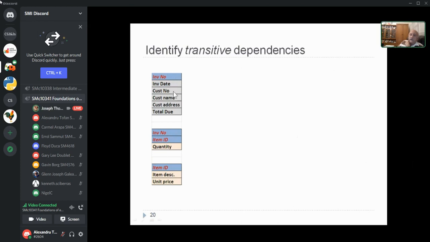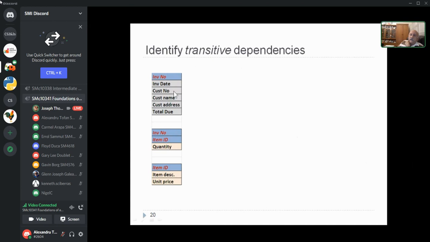Customer number gives us a characteristic about invoice number, because we need to know the customer who is going to pay for this invoice. However, customer name gives us a characteristic of customer number. So we have a non-key field here that gives us a characteristic about another non-key field.